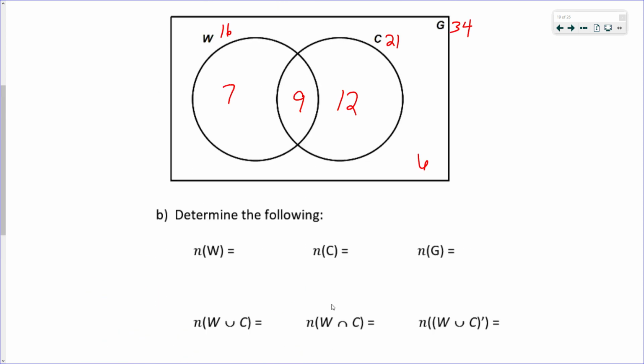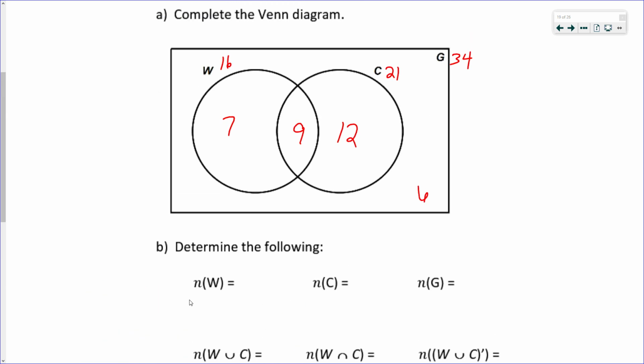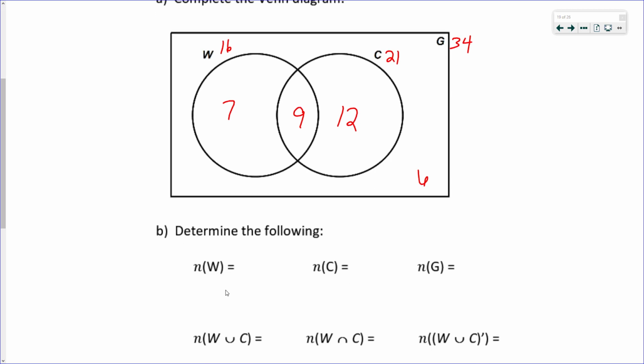Okay, so for this, the number that are in W, doing weight training, was 16 altogether. The number that are in cardio was 21, and the number that go to the gym was 34.